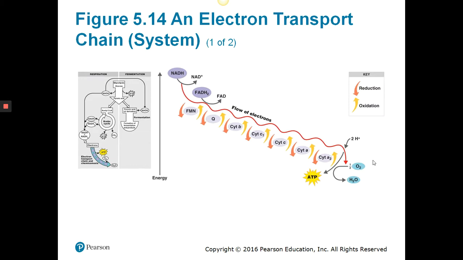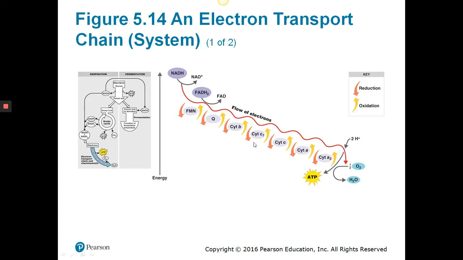So this is what an electron transport chain looks like. Now, again, I don't want you to memorize all of this. I just want you to be able to kind of see what's happening here. We have an oxidation and reduction reaction occurring the whole way down. So the reduction is the red arrow, and the oxidation is the yellow arrow here.